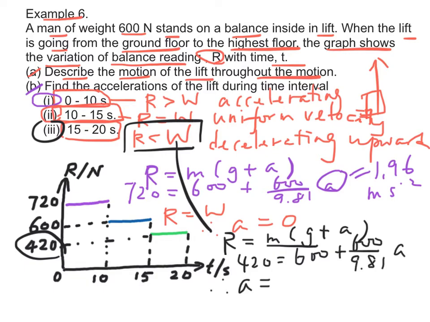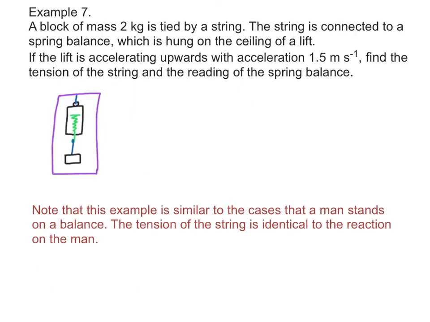Therefore, a equal to 2.94 meters per second square, but it is negative. The negative sign means the lift is decelerating upwards.